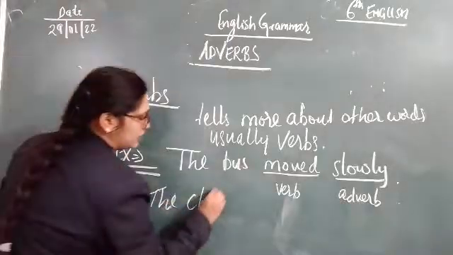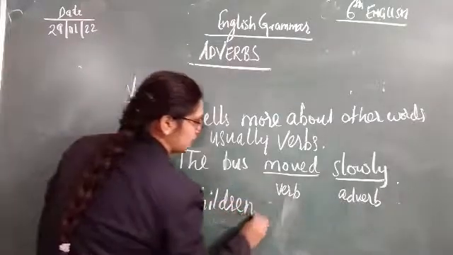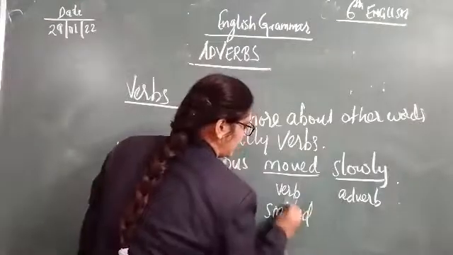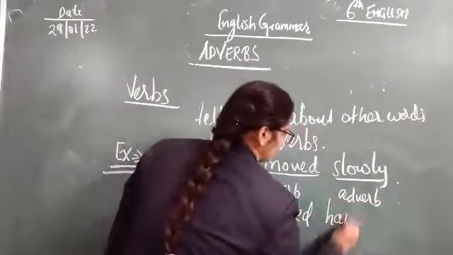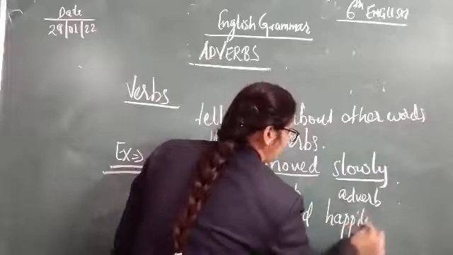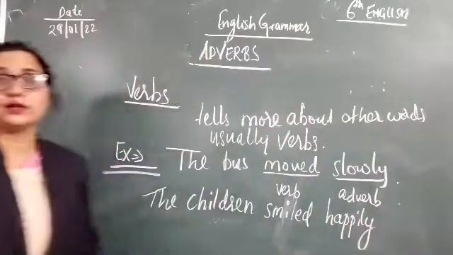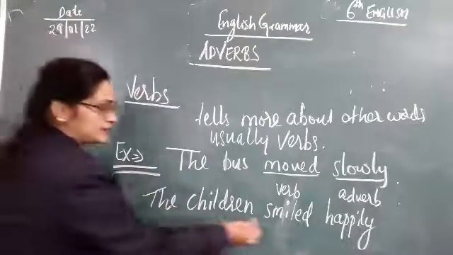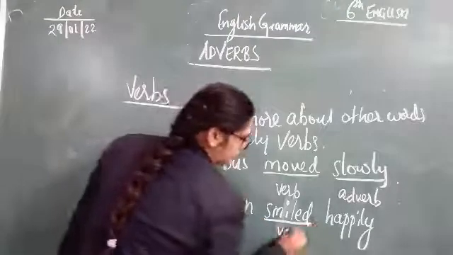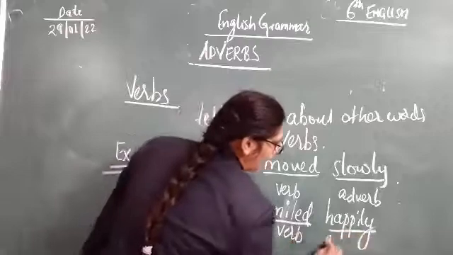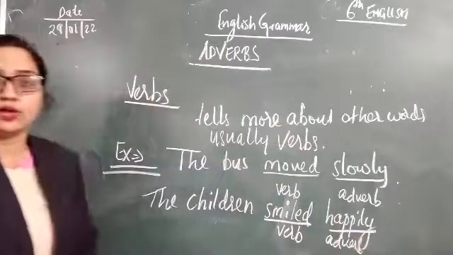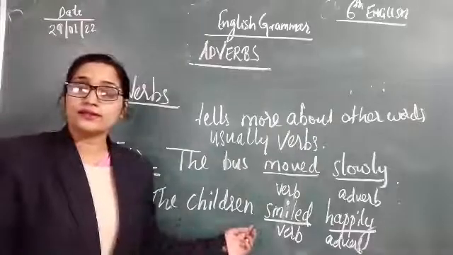The children smiled happily. The children smiled happily. In this sentence, smiled is a verb and happily is an adverb. So how did the children smile?